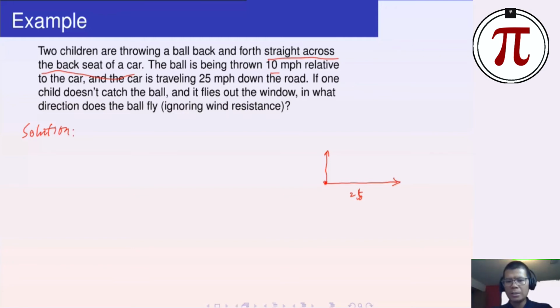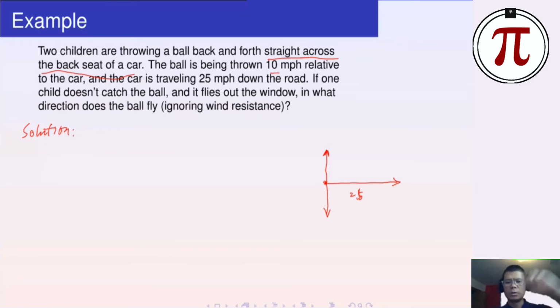Does that make sense? It can either go this way or go this way. Back and forth, correct? You're throwing the ball either this way or this way.